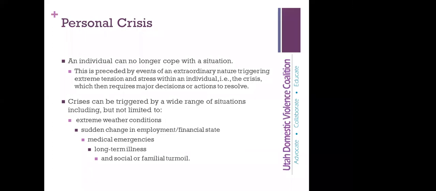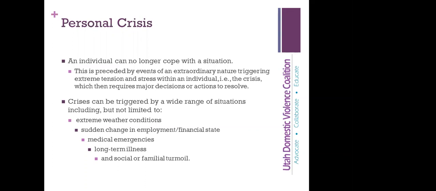Okay, most of what we're dealing with, especially in the capacity of the hotline calls, is going to be that personal crisis. The vast majority of the time, I'm getting one caller on a phone call. Sometimes I'll get two siblings, or a social worker and their client, but most of the time it's that one-on-one communication. With personal crisis, an individual can no longer cope with a situation.